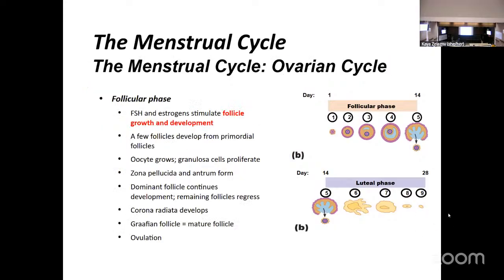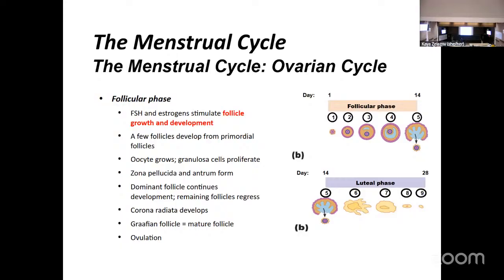Okay. So let's think about that follicular phase in depth a little more. We're starting out with our primordial follicle, so it's getting ready to maybe get towards ovulation. We've got our ovum, we've got our granulosa cells around it receiving signals.